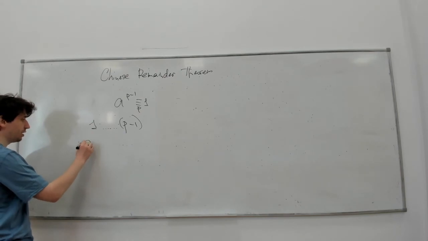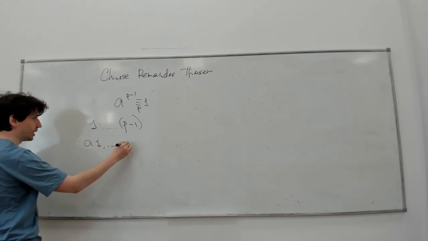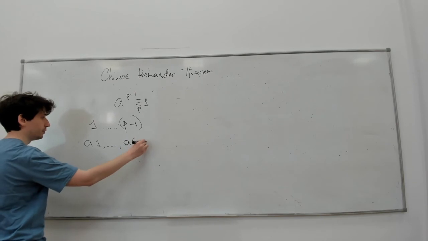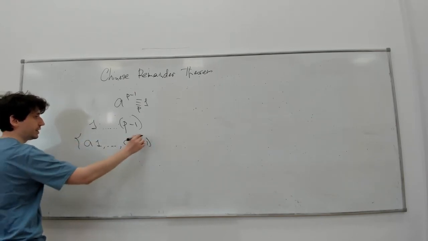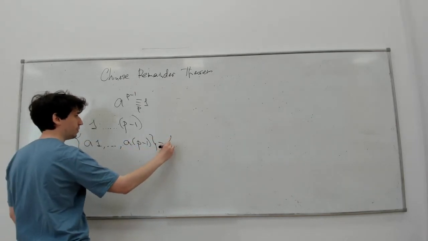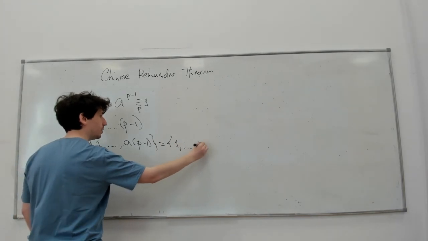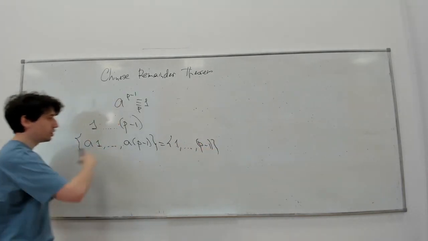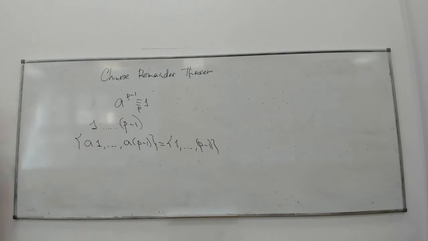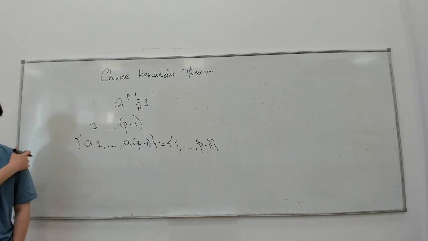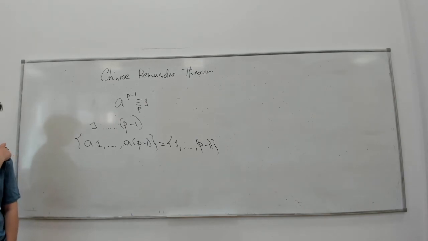The interesting fact is that if you multiply all the elements by a, this set will also be equal to the set from 1 to p minus 1. It's just some permutation of the elements.